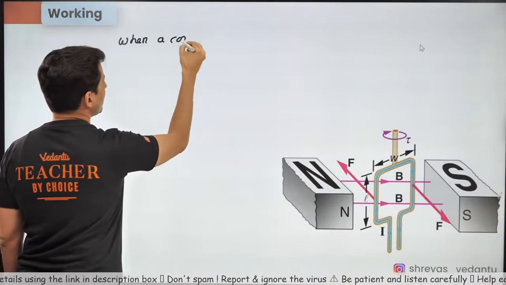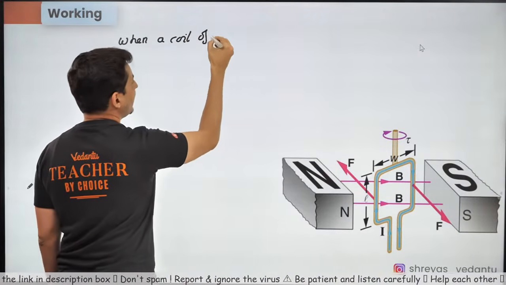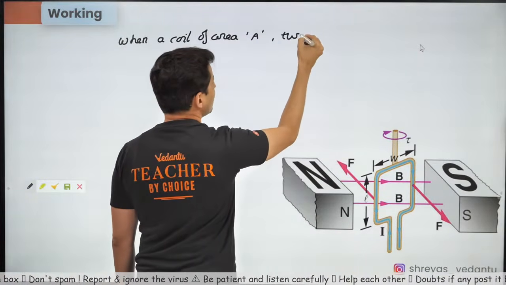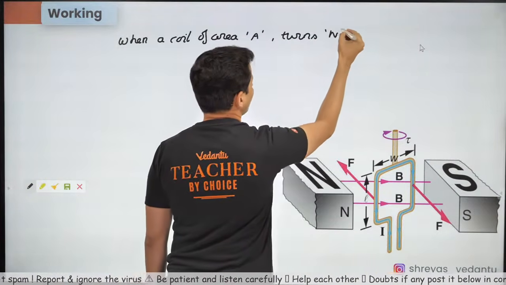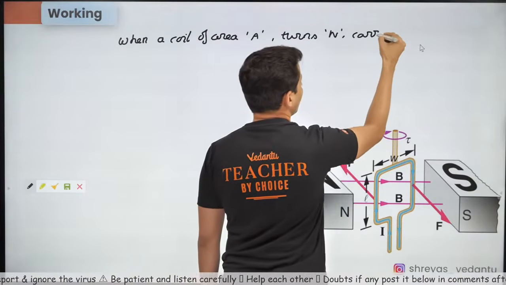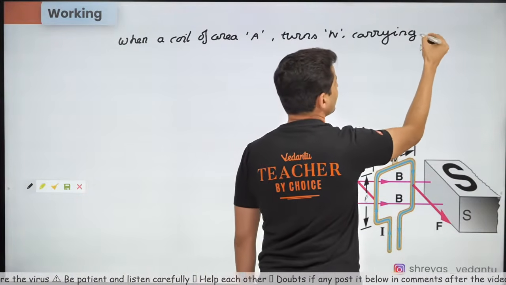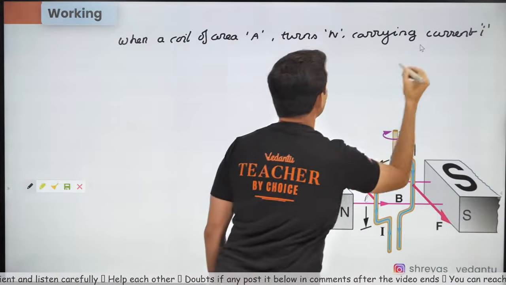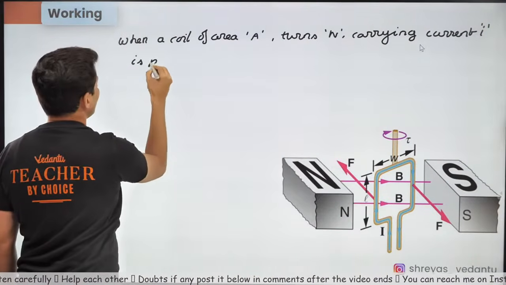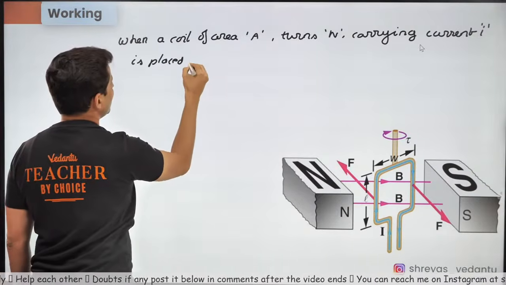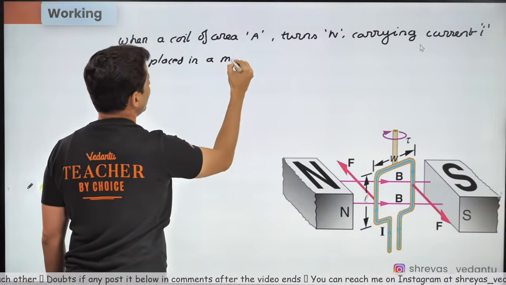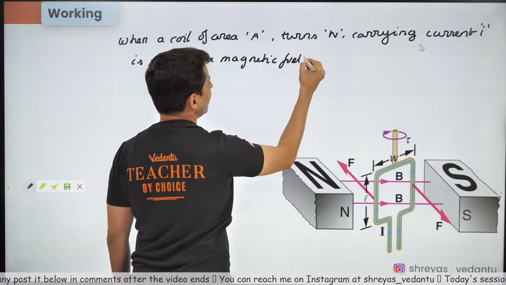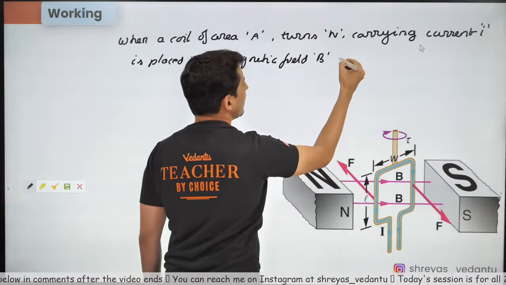The first thing is that when a coil of area, let's say A, turns, let's say N, carrying current, let's say I, is placed in a magnetic field, let's say B, what will happen?